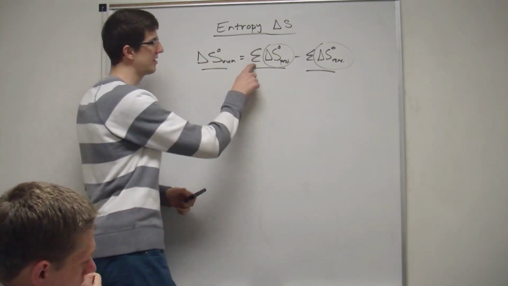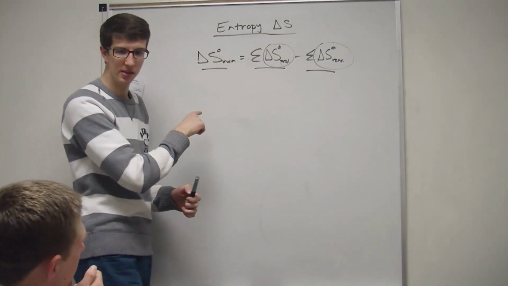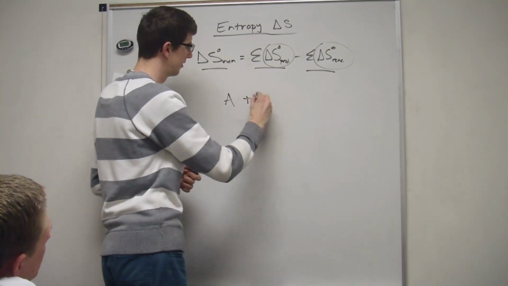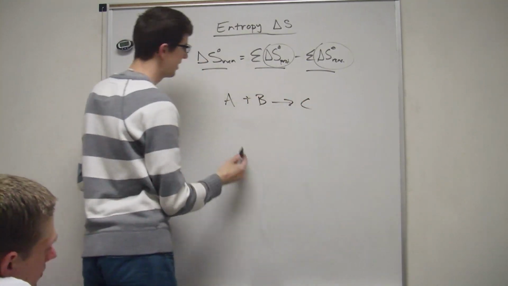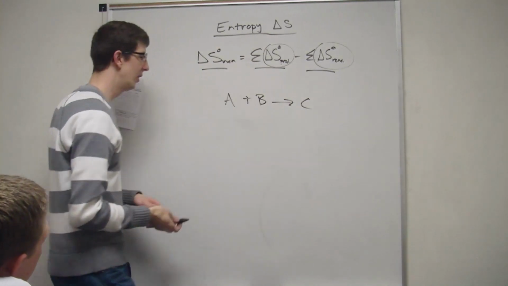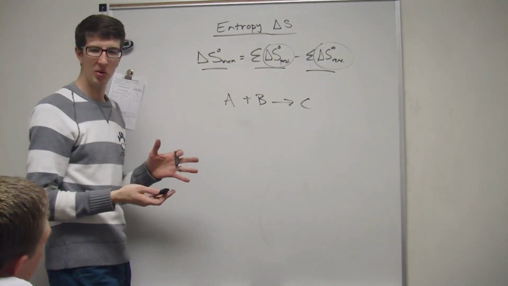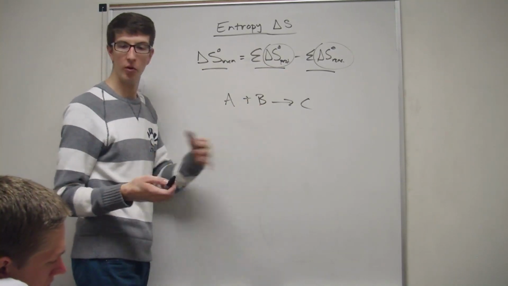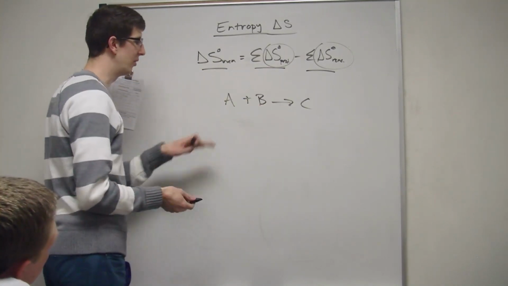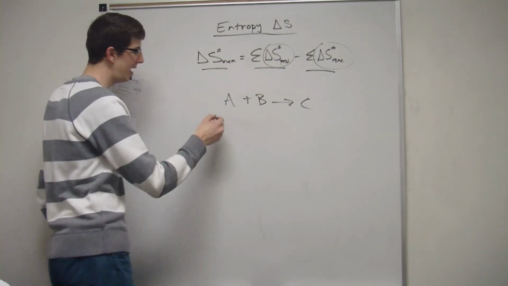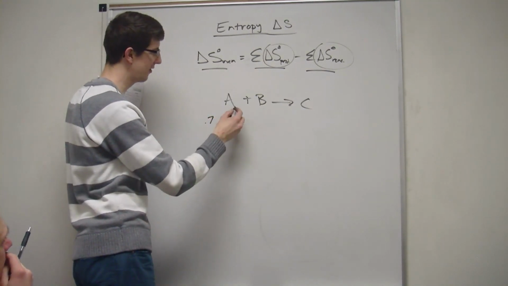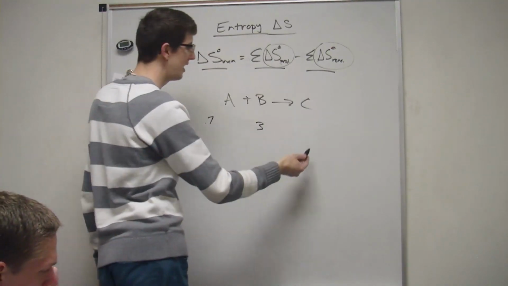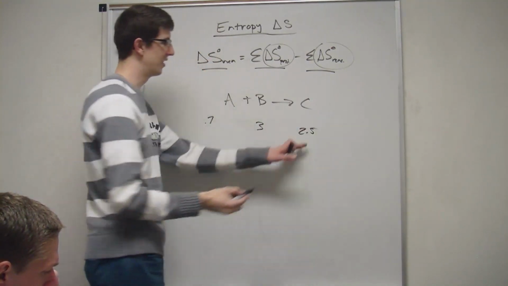So then this symbol here, the sum, saying, okay, we have a particular reaction happening. We say A plus B makes C. Well, how do we really know what numbers to use? Because what if we're doing this reaction in a lab, and we have 0.7 moles of this and 3 moles of this, and we end up making 2.5 moles of this?